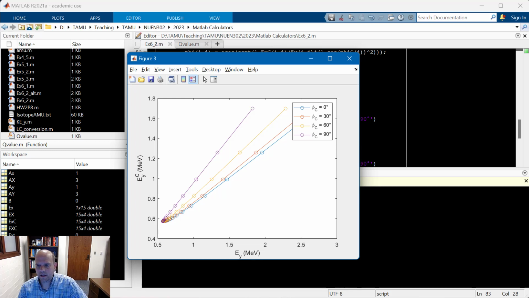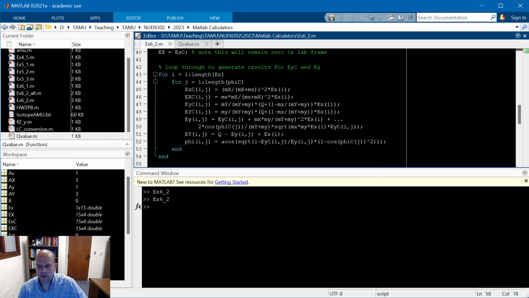And if you go back to the code here, we didn't expect this to be a function of angle either. So the question is, why are we seeing different curves? And in the first two, they were just lying on top of each other. Every curve was exactly identical to every other curve.